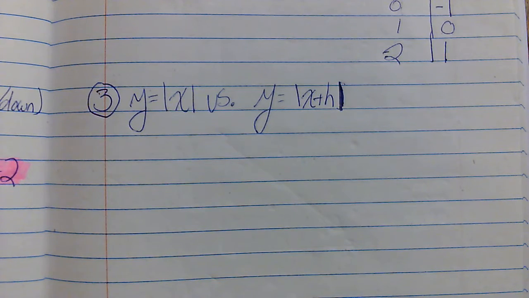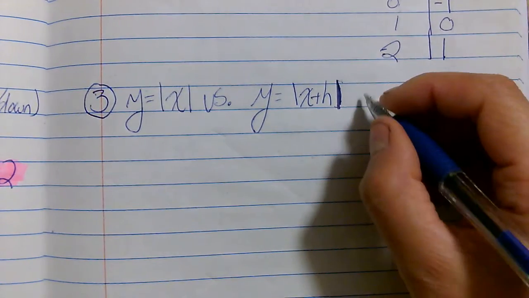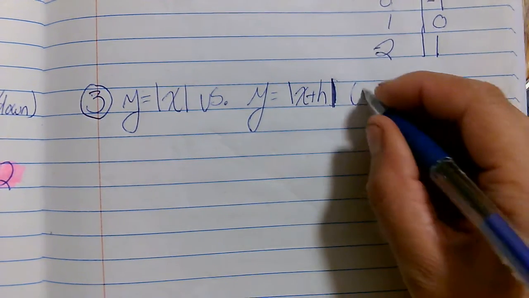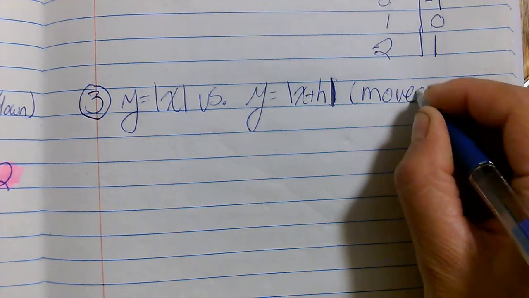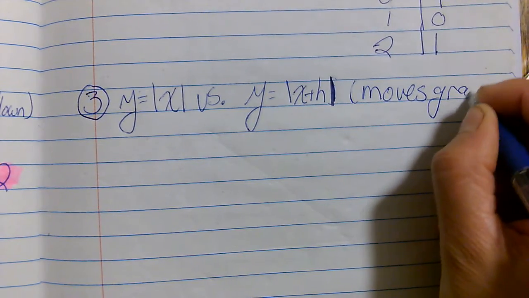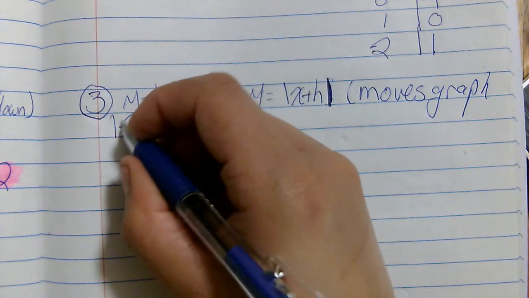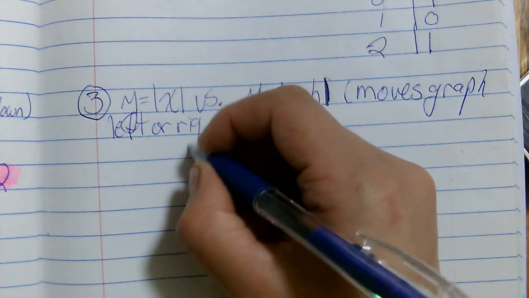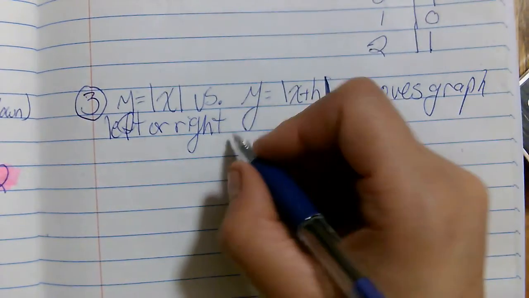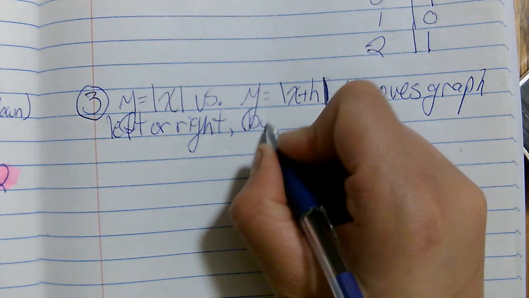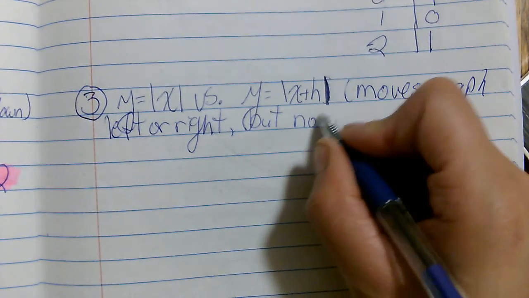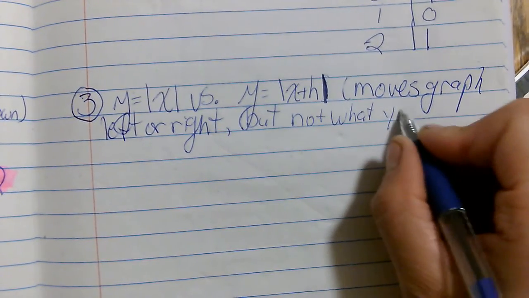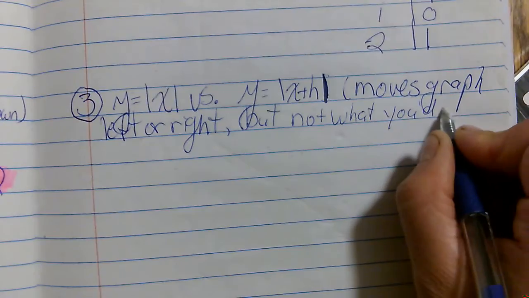And behind the parentheses here, we're going to put "moves graph left or right," but also, comma, "but not what you'd expect."